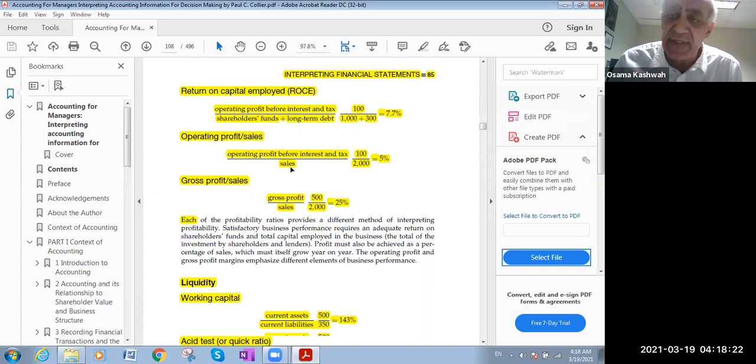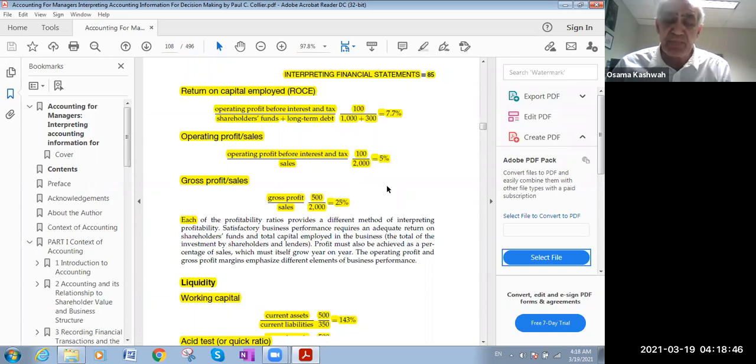You can deduce it with only common sense. So here, let's say the profit before interest and taxes was 100,000 and the sales was 2,000,000. That means the profit divided by sales ratio will be 100 divided by 2,000, which is 5%.